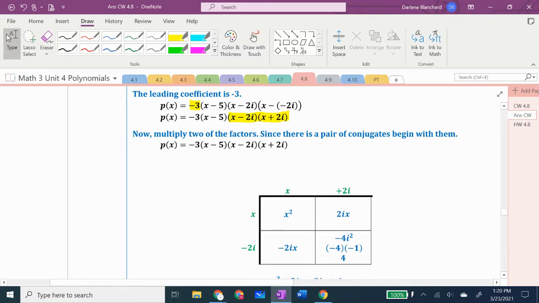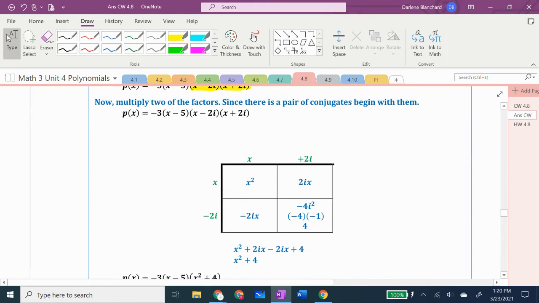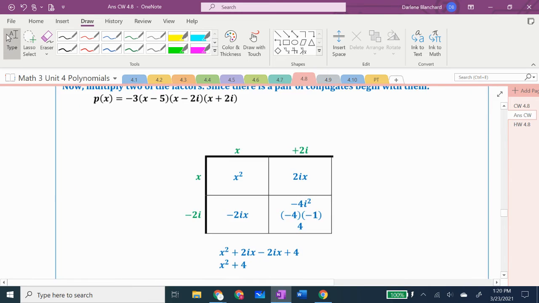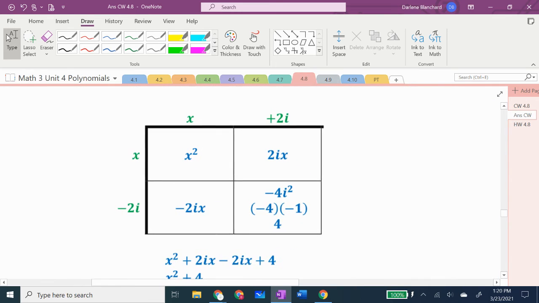So here is the multiplication of x minus 2i with x plus 2i. And you want to notice that when you add together these two like terms, you get 0. Here, when you multiply, you're getting negative 4i squared.